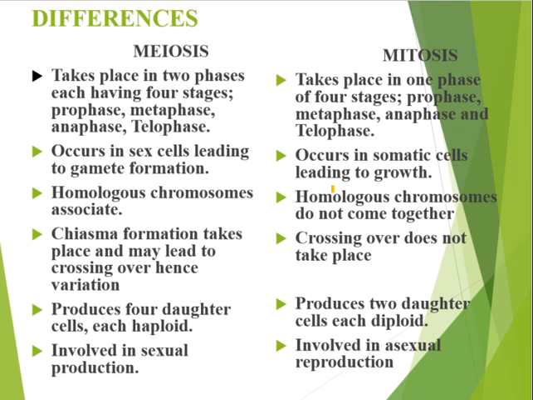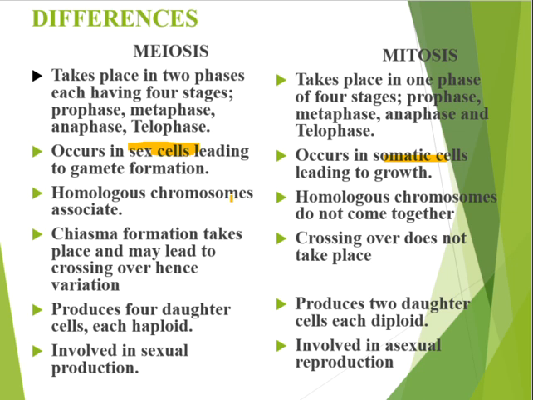And the 2 phases in meiosis, we said, are meiosis I and meiosis II. Meiosis occurs in sex cells or reproductive cells, leading to gamete formation, while mitosis occurs in somatic cells. We said somatic cells are basically body cells, leading to growth.